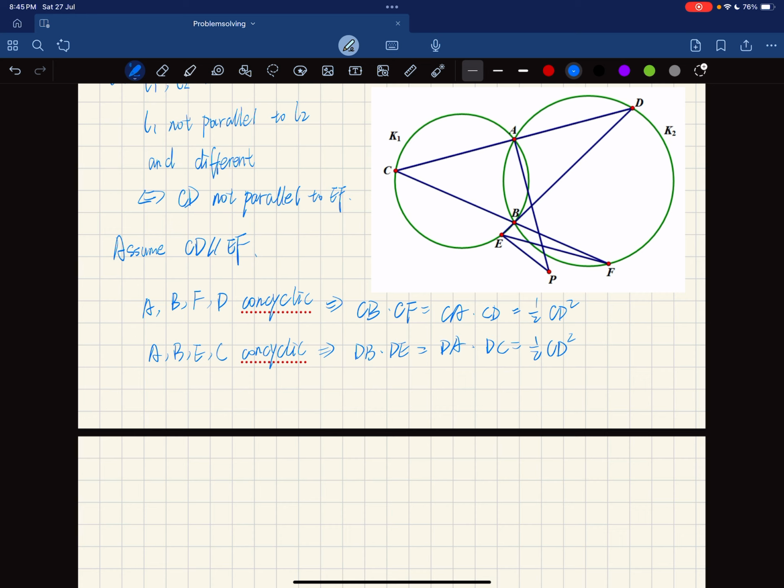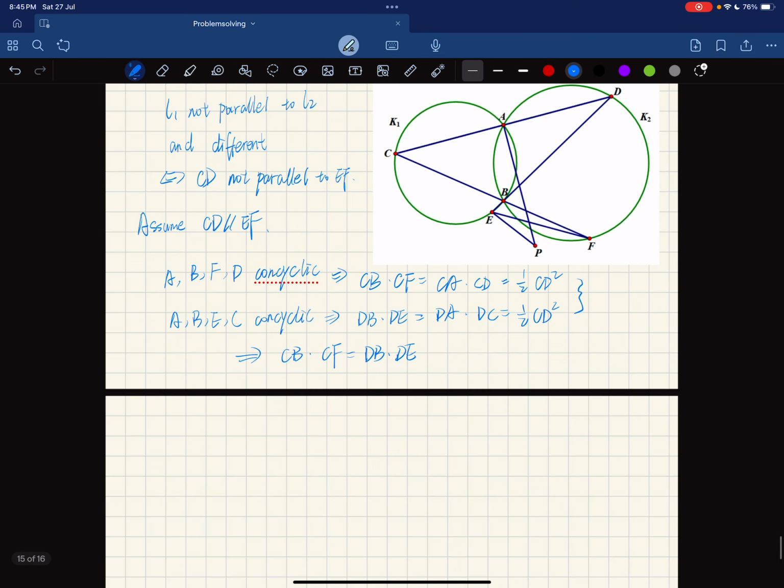So this will lead to CB times CF equals DB times DE, right?